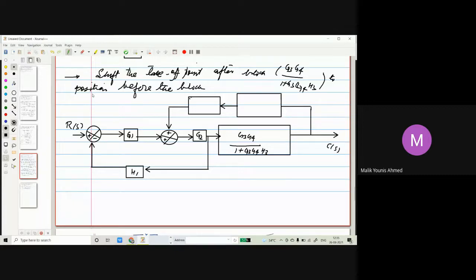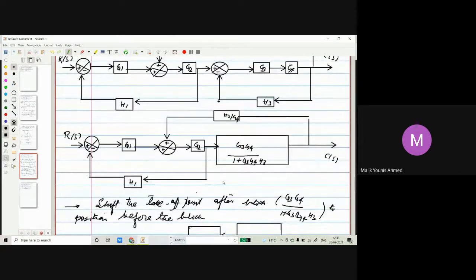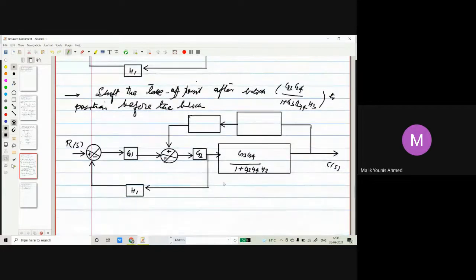So here, what first block we have? We have this, just a second, H2 G4. Just a second, yeah, we have got this.